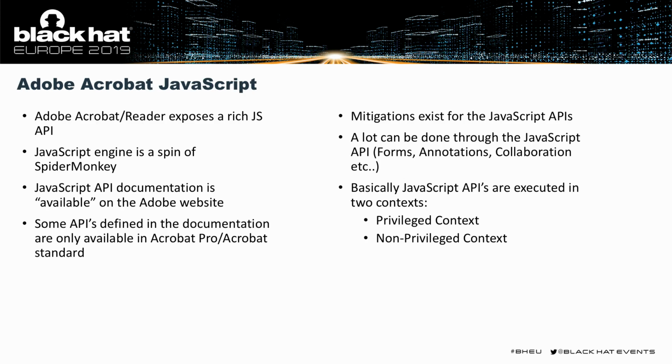So let's talk a little bit about the engine itself. The engine is based off SpiderMonkey. It's a spin of an old SpiderMonkey version, 1.8 specifically. It exposes a rich set of APIs for automation purposes, annotations, collaboration, manipulating forms, and all that kind of stuff. A lot of the APIs that exist in Acrobat are not exposed in Reader, the free version.